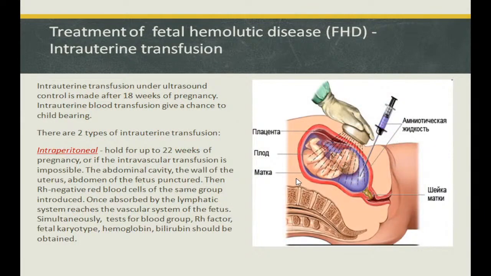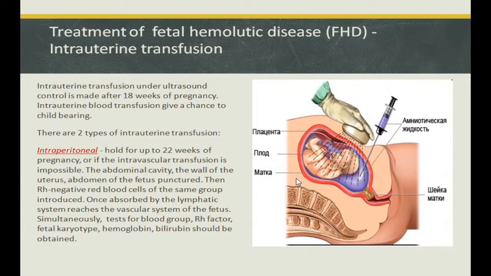Treatment for fetal hemolytic disease: intrauterine transfusion. It may be intraperitoneal, held up to 22 weeks in pregnancy, or intravascular transfusion if it is possible.